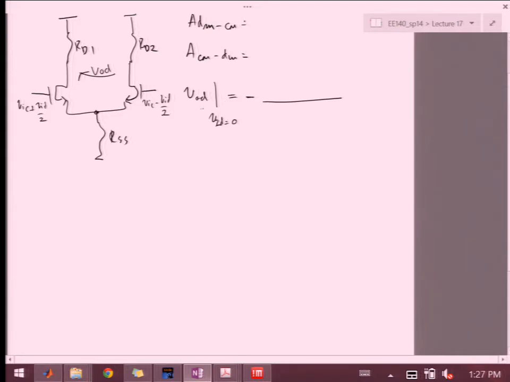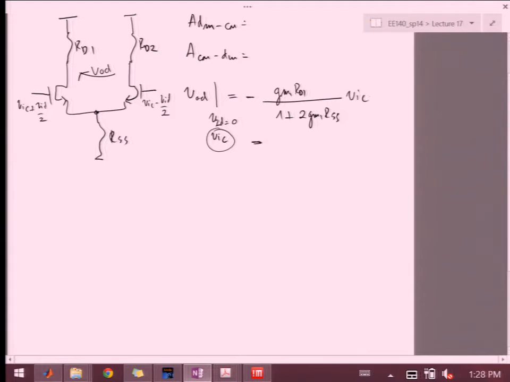Since I'm calculating the output to this stimulus, I'm going to use the half circuit that corresponds to the common mode input, right? So I'm trying to calculate what happens with the circuit with roughly VIC on each side. And of course, I will still have the 2 RSS in the tail. So my gain will be GM1 RD1 over 1 plus 2 GM1 RSS, right? And this will be times VIC.